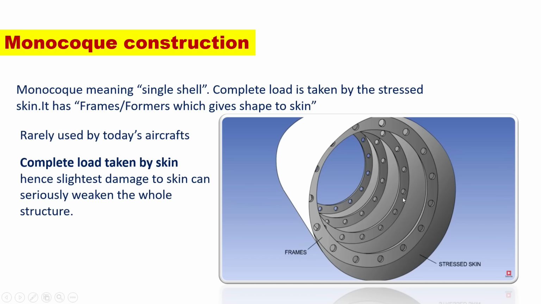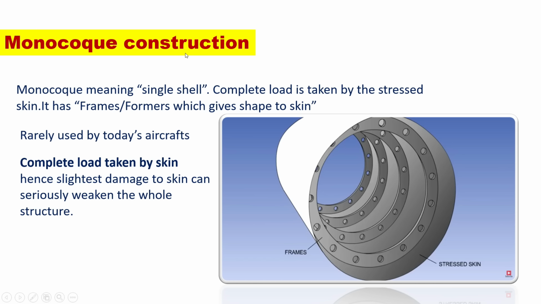You can call them frames or former, whatever you like. These things are there to give shape to the skin, otherwise the skin will collapse, right? They give shape to the skin and they stress the skin, and then the load is taken completely by the skin. This is a DGCA question.